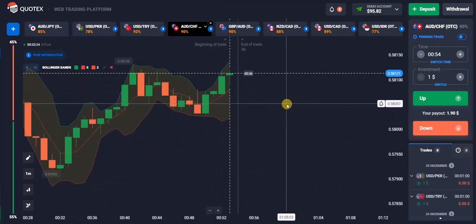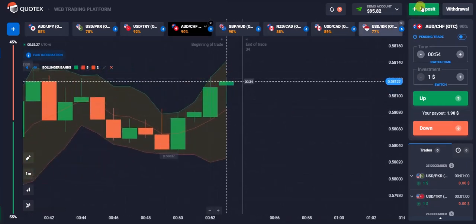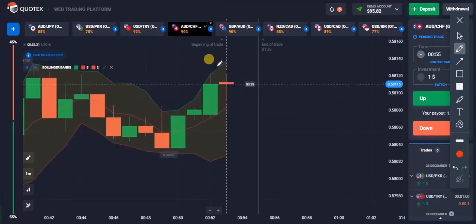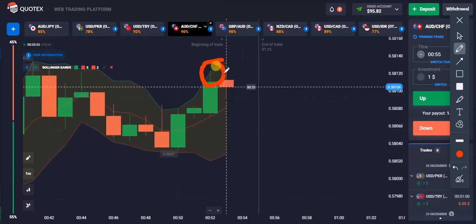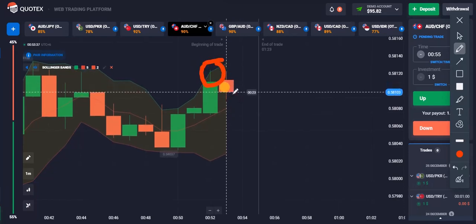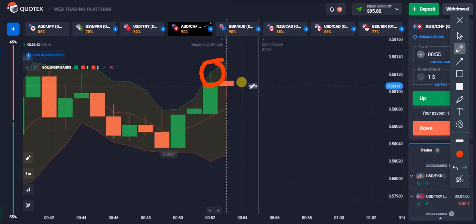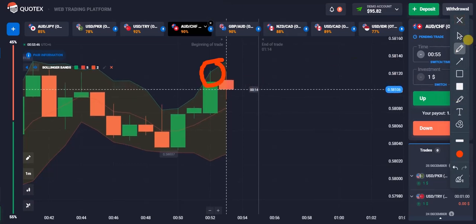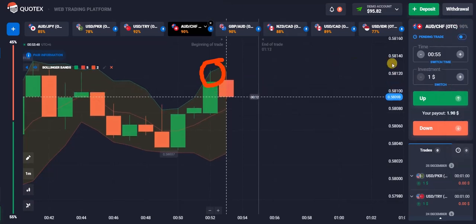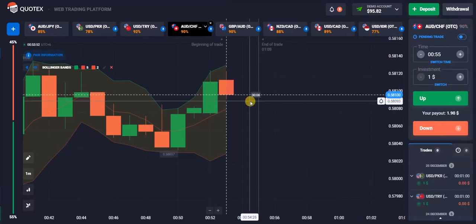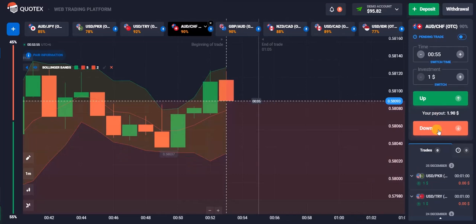So, for this strategy, if a green candle touches the upper line and creates a red candle on the second one, then we are going to take a down call. The red candle needs to be a healthy, long one, not a doji or anything. So let me clear all these things, and I think we can take a trade.